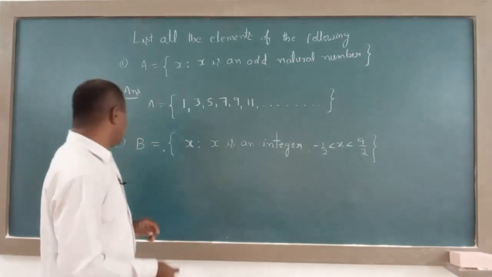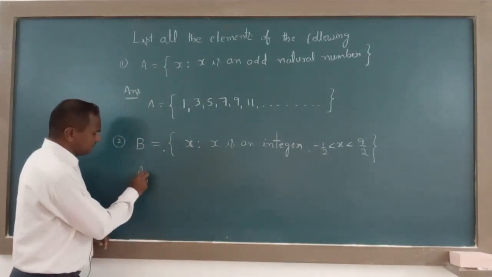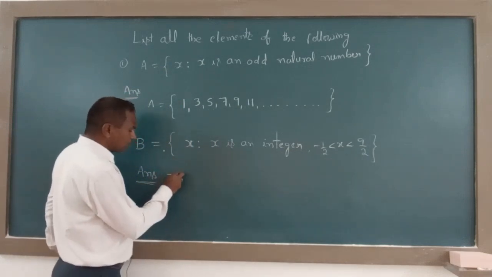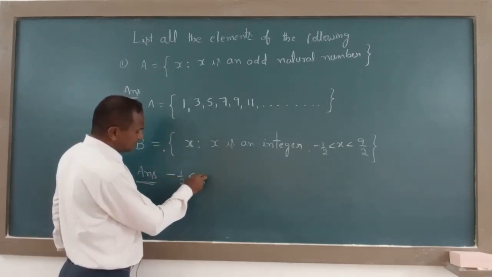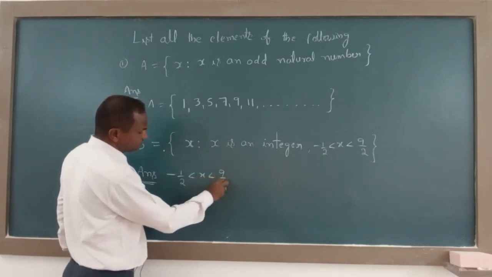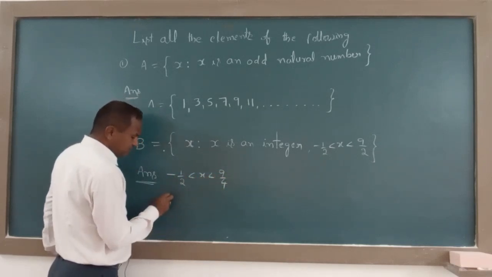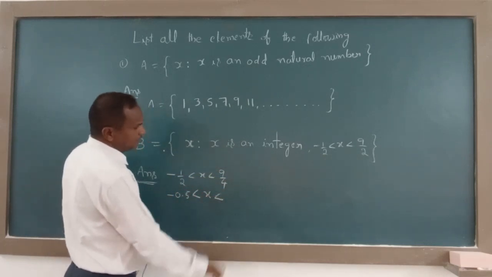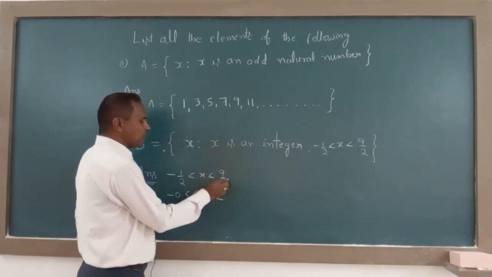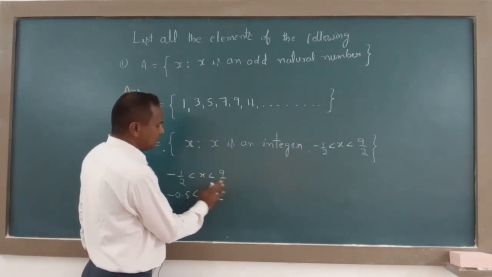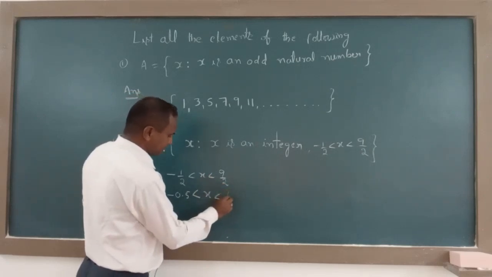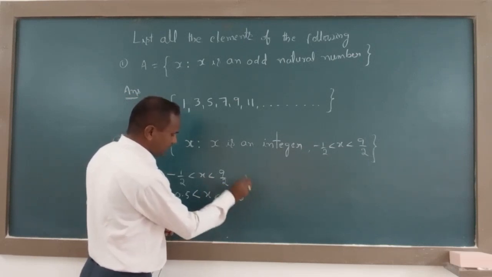The answer for this question we can easily tell, but we should write the values. Minus 1 by 2 is less than x is less than 9 by 2. Minus 1 by 2 means minus 0.5, and 9 by 2 means 4.5.